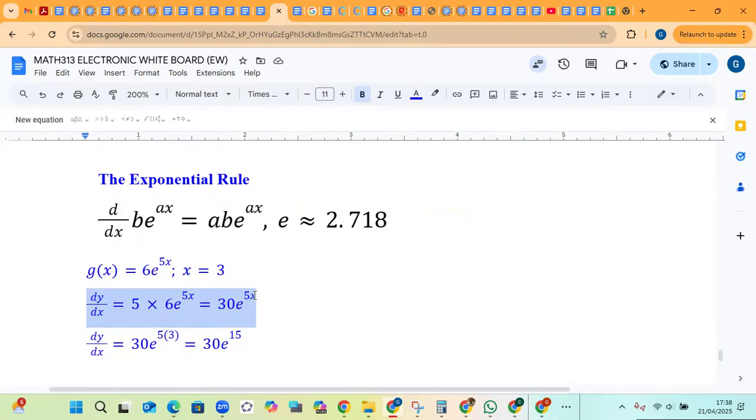The 5x does not change. Please don't add or subtract anything from the power of e. It remains as is. And you substitute x equal 3, so you have 30e to the 15. If you want a value, then you substitute 2.71 in the place of e to get an approximate value, but it can remain as is.